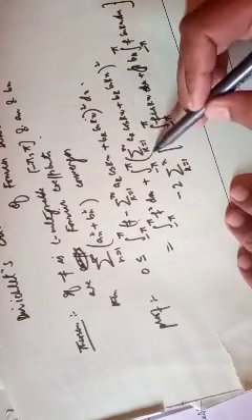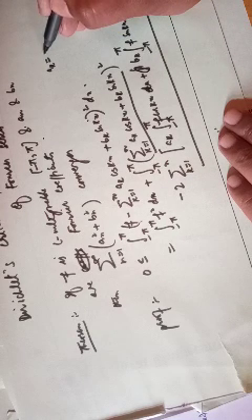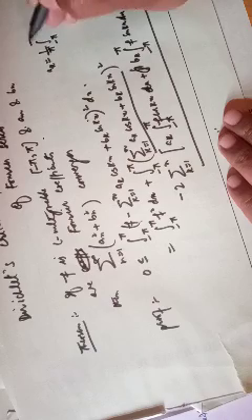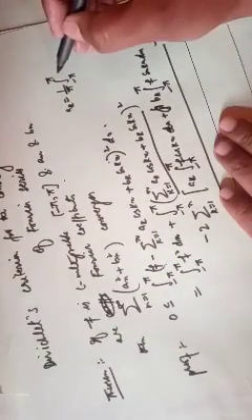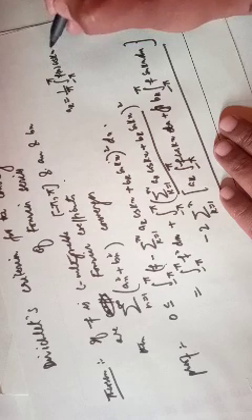Now look at this. Before taking this into consideration, let's look at what we have here. Now what is ak? ak is basically 1 by pi, integral minus pi to pi f(x) cos kx dx.